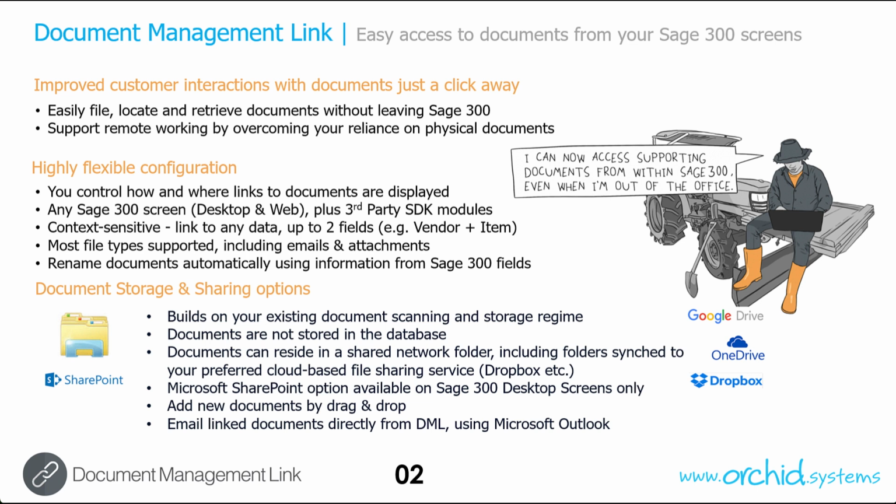So Document Management Link stores the connection to these file storage services and allows you to display them in context with the Sage 300 screen. You can drag and drop documents when adding them. They can be dragged and dropped from a network folder or from Outlook if you are using the local Outlook client.